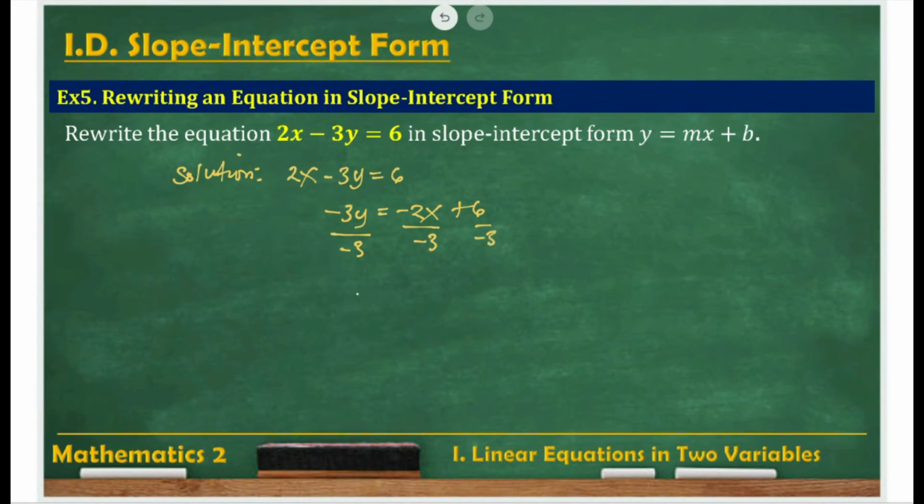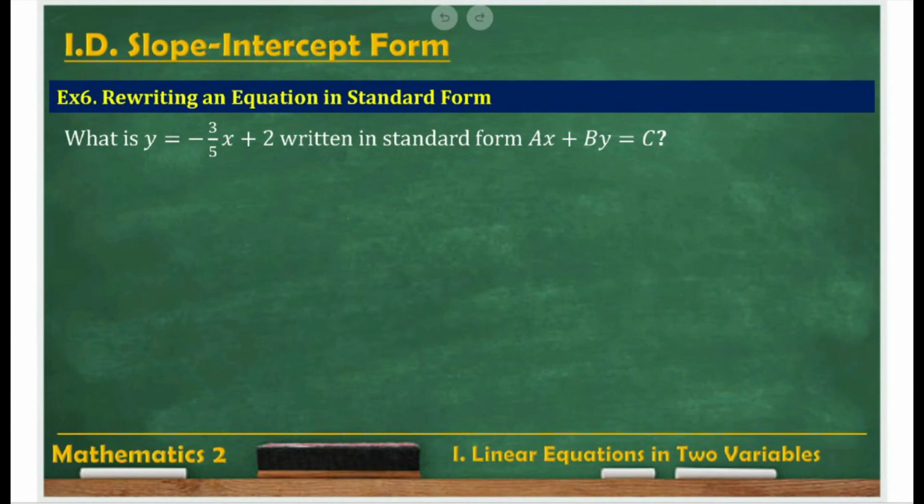If we do that, then we will have y is equal to -2x over -3, which is positive 2/3 x, and then positive 6 over -3 is -2. So we have y is equal to 2/3 x minus 2. So this is now the slope-intercept form of the line.